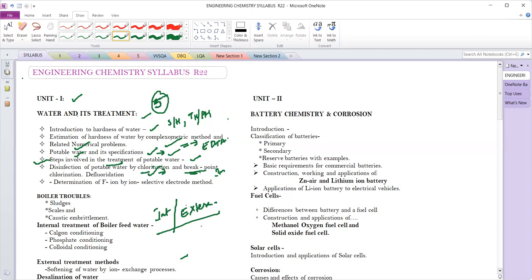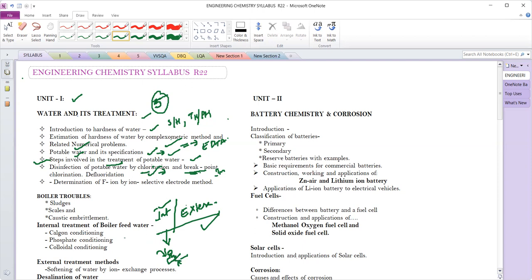That is also one type of difference between question here. Okay. Internal treatment of water is nothing but, after the water has been fed to the boiler, the treatment of the water inside the boiler. That comes under internal treatment.